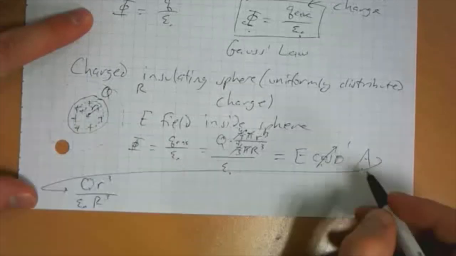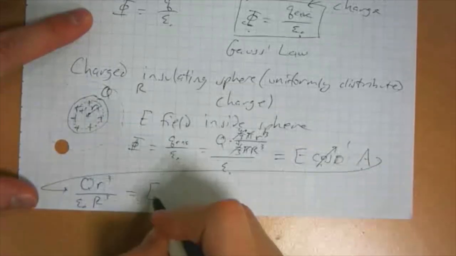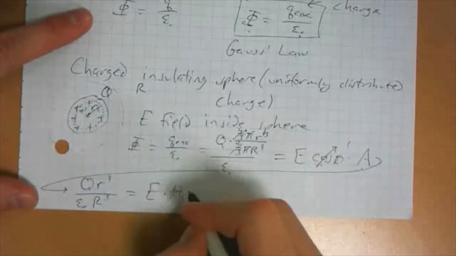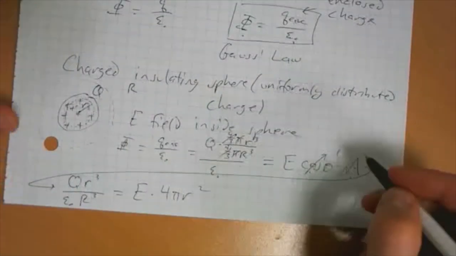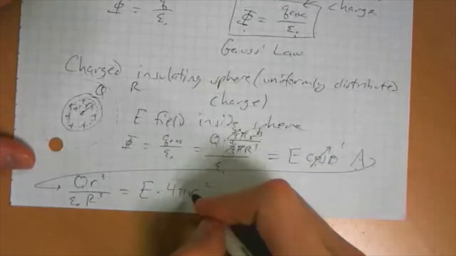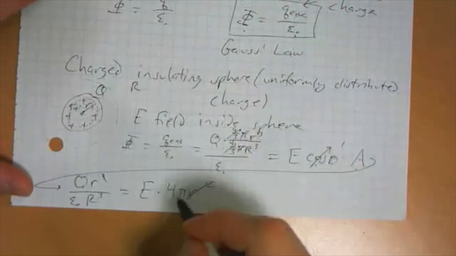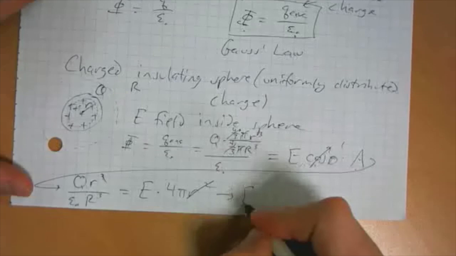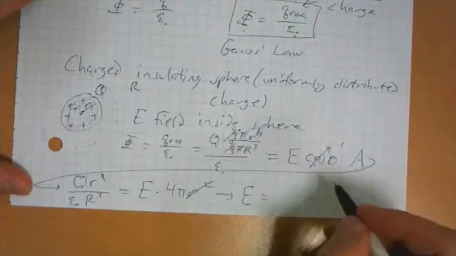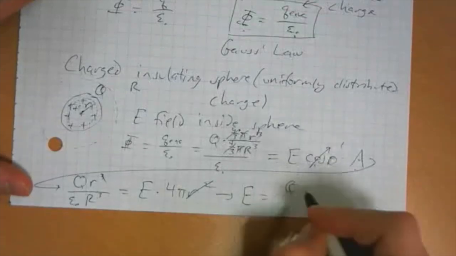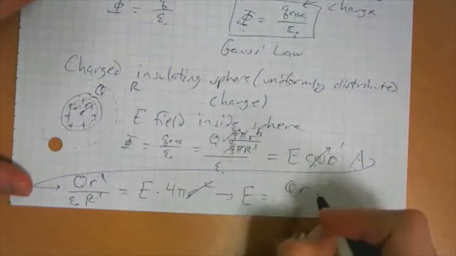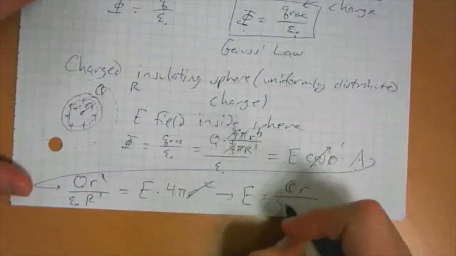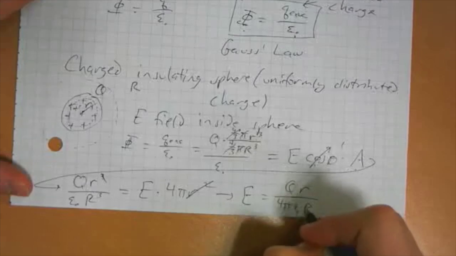That's equal to our electric field times the area of our Gaussian sphere. A factor of r squared cancels out. We move the 4 pi over, and we get the electric field at a point inside the surface is equal to Q times little r over 4 pi epsilon naught times big R cubed.